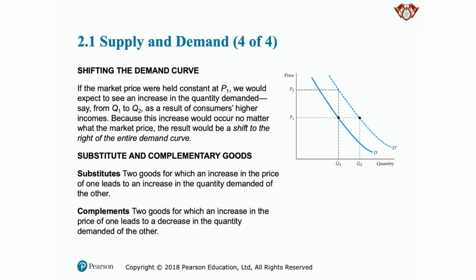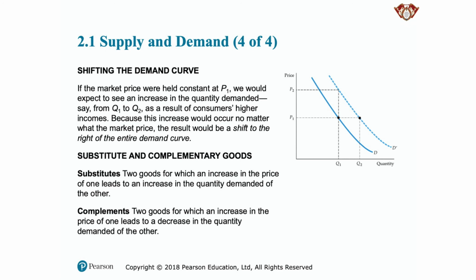Shifting the demand curve: if the market price were held constant at P1, we would expect to see an increase in the quantity demanded, say from Q1 to Q2, when income increases, right? As a result of consumers' higher income. Because this increase would occur no matter what the market price, the result would be a shift to the right of the entire demand curve.